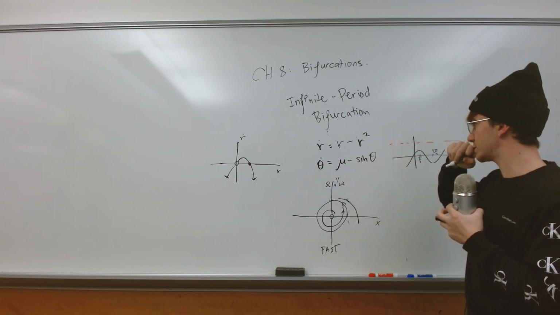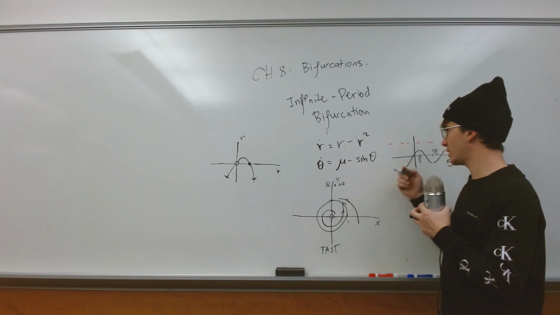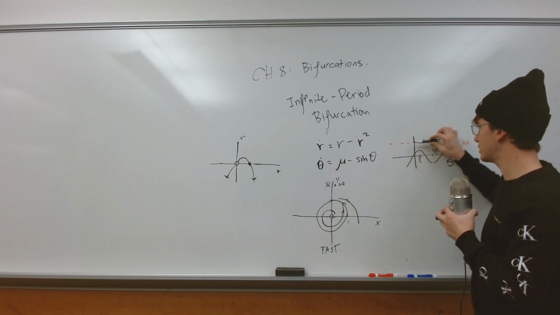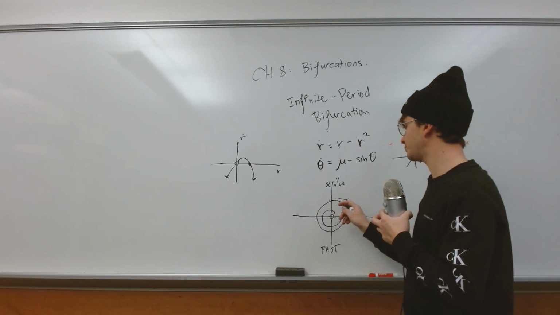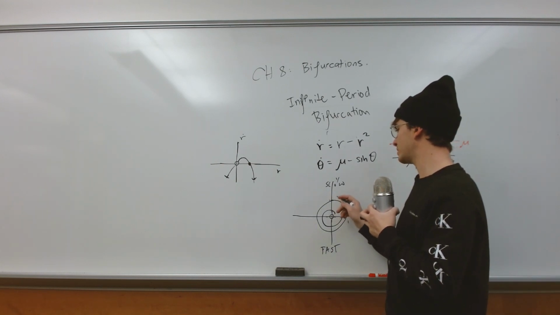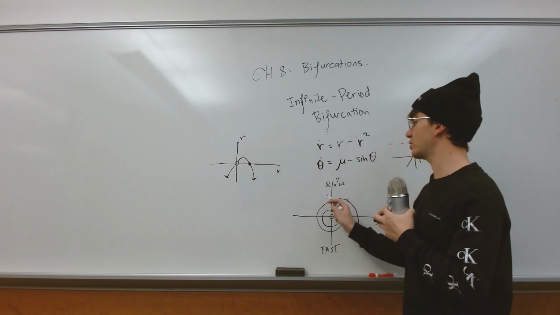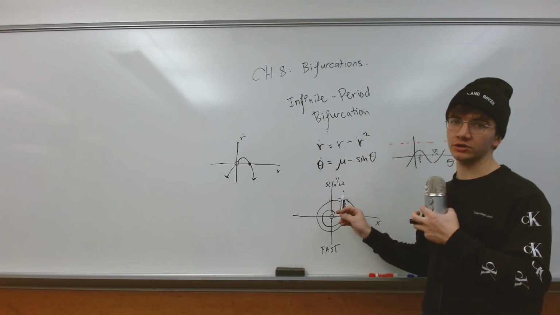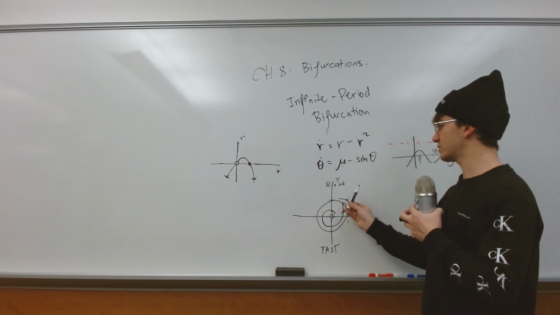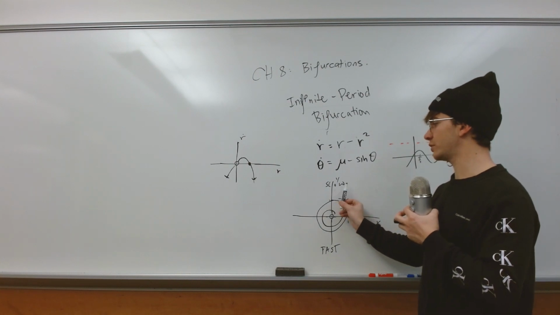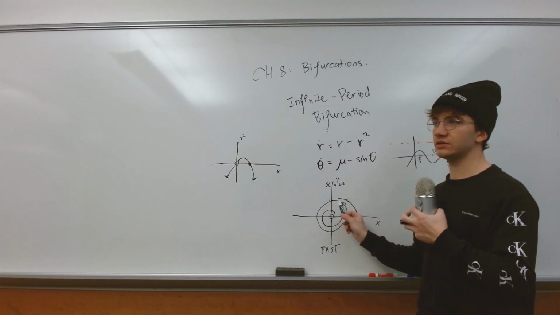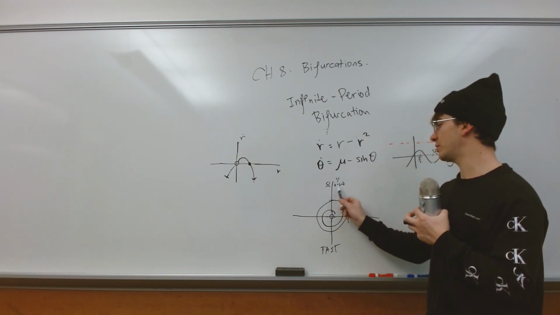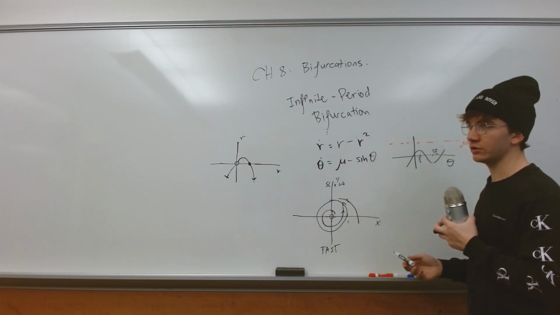Now, with this in mind, let's look at what happens when mu bifurcates. When I lower mu and intersect this sine wave here, all of a sudden I'm going to get very, very slow movement along the positive y-axis. So it's going to be super hard for it to rotate through this section, and almost all of the time the system is going to spend near theta equals pi over 2.